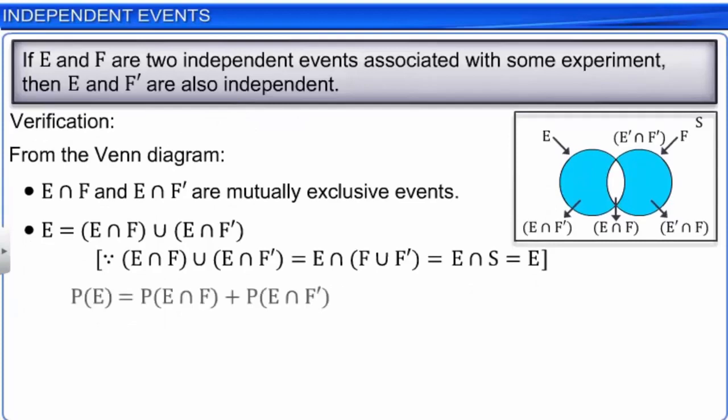Thus, the probability of E is equal to the probability of E intersection F plus the probability of E intersection F complement. This can also be written as the probability of E intersection F complement is equal to the probability of E minus the probability of E intersection F.